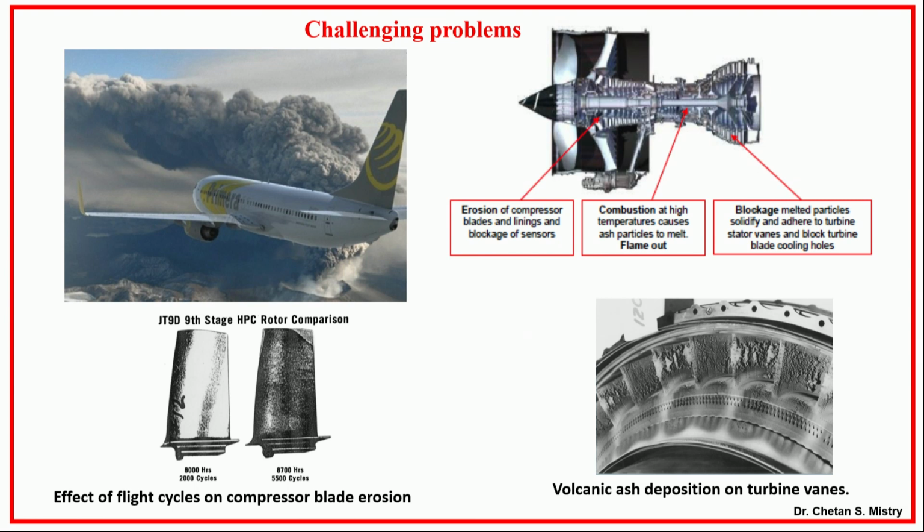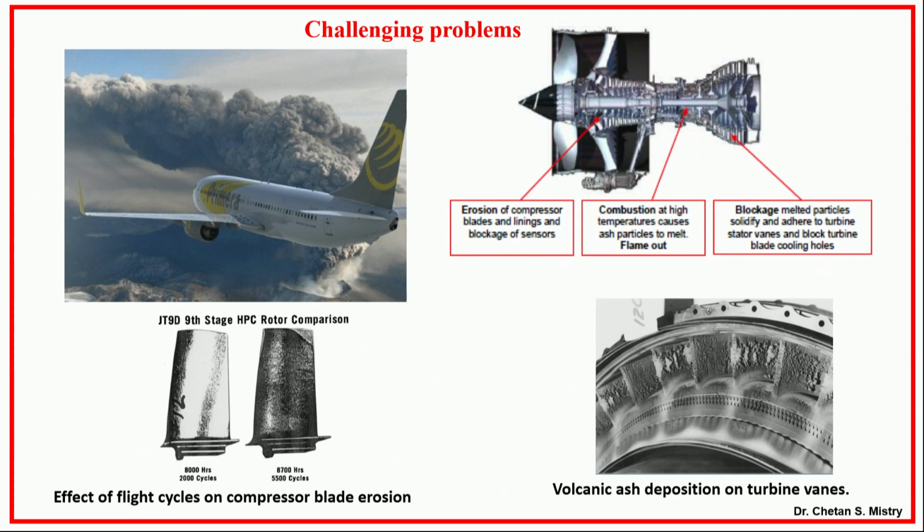Suppose this is what happens with volcanic ash. You already have a complex flow, you need to have cooling, and because of these ash particles getting deposited, all your holes get blocked, because those holes are micro holes.